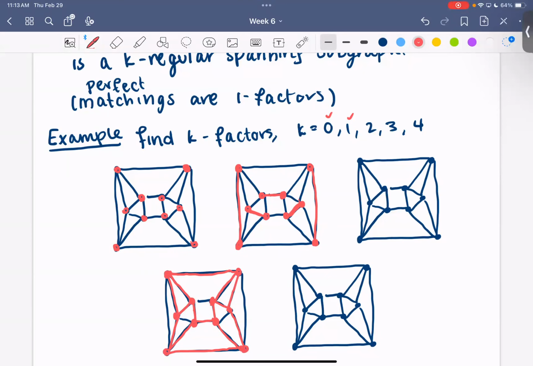And then what about for a 2 factor? Yeah, so we could take the outer 4 cycle, and then the inner 6 cycle.